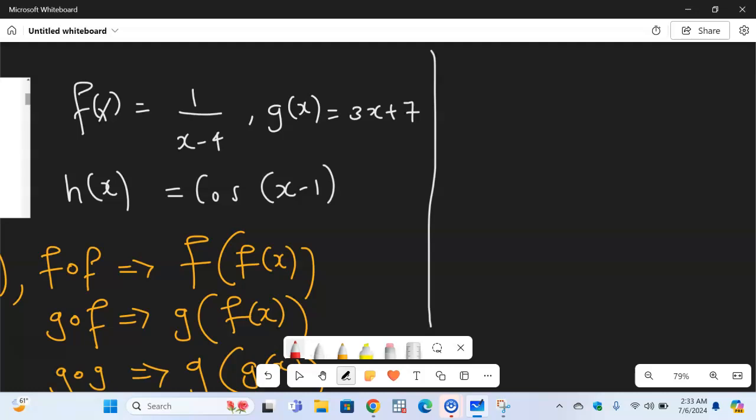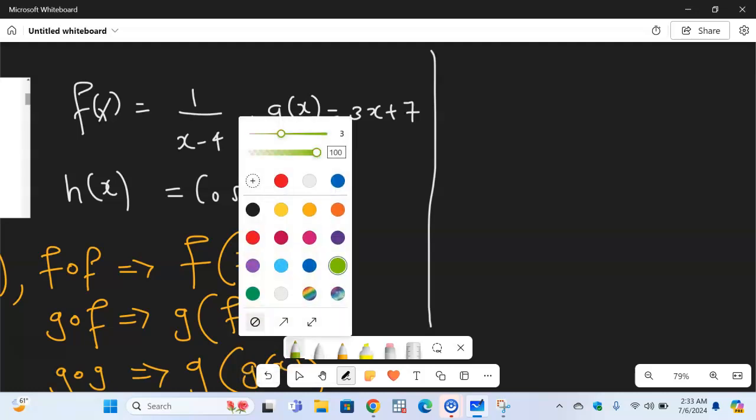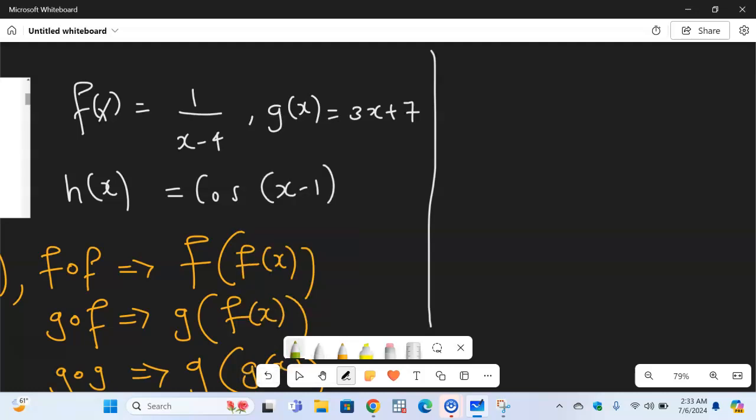So let me change this pen. Yeah. So let's find f of f of x. This is when you replace, where there's a function f, but where there's an x, you replace with f of x.